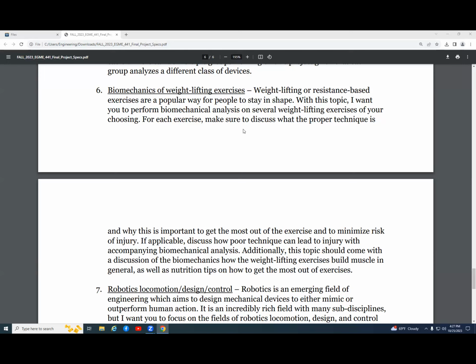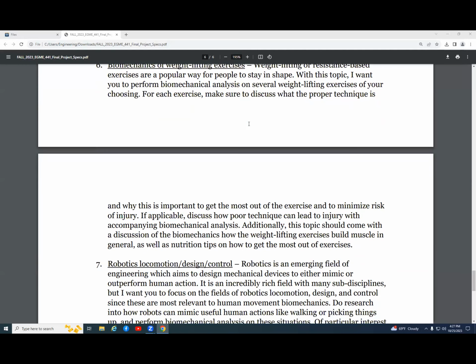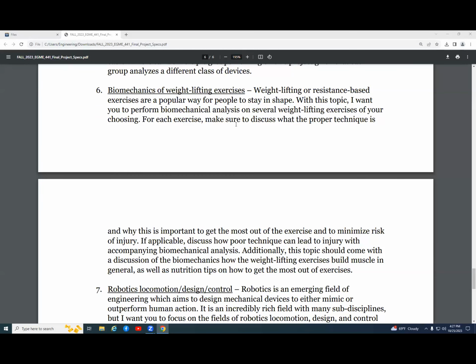More specifically, what I'm looking for here is multiple muscle analysis. Many exercises work more than one muscle, so doing that analysis and seeing what all the different muscles involved in the different exercises are would be really interesting.